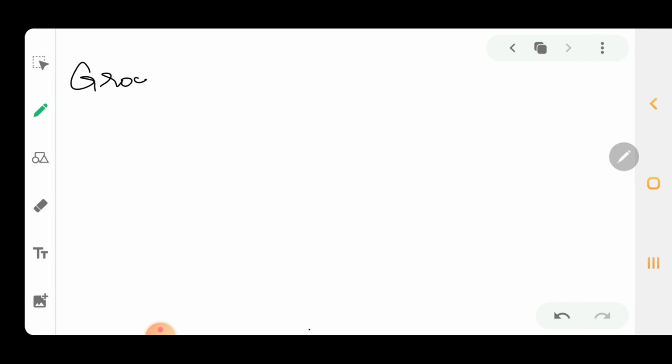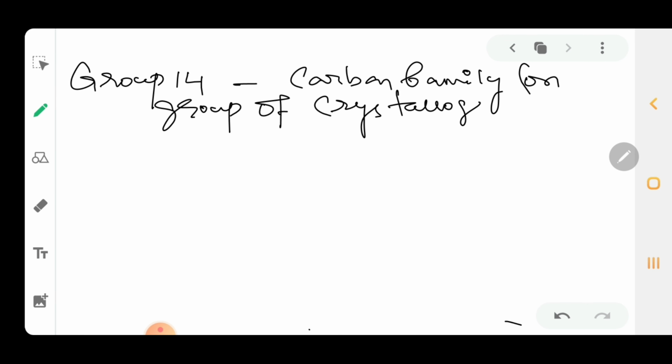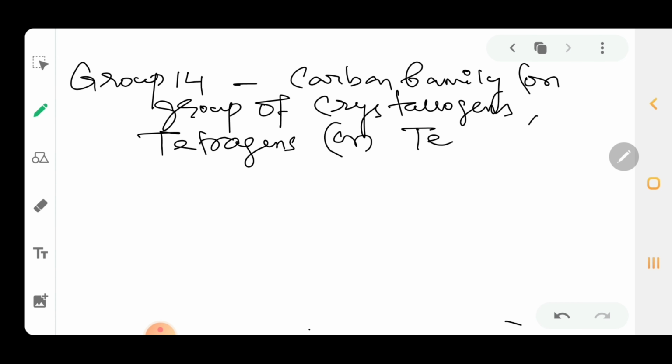Group number 14 is called the carbon family. It is also called the group of crystallogens. It is also called tetragens or tetrels. Again, the valence shell contains 4 electrons, that's why it is called tetragens or tetrels.